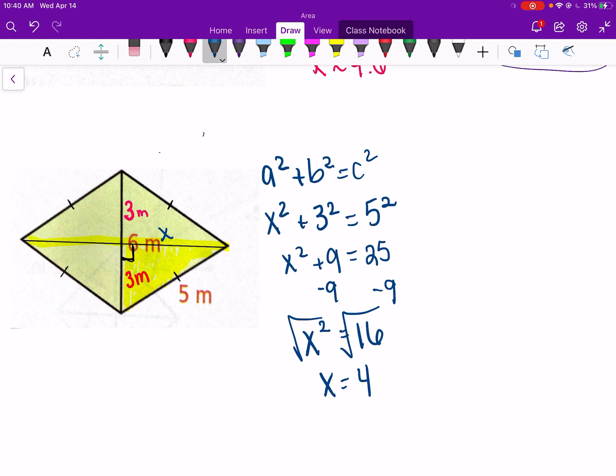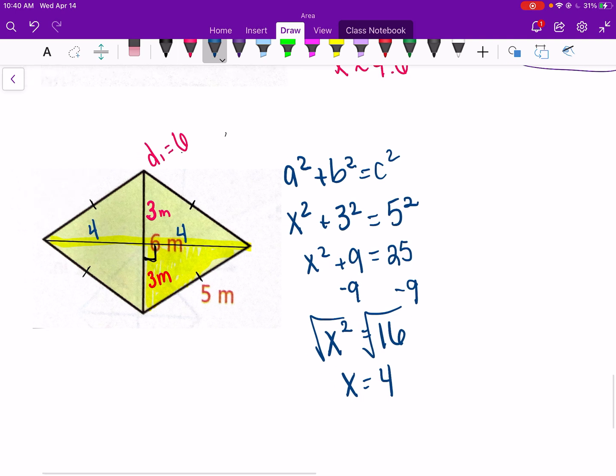So x is 4. So if this segment is 4, that means this segment is 4. So now we have our diagonals. Diagonal 1 is 3 plus 3, which is 6. And diagonal 2 is 4 plus 4, which is 8.